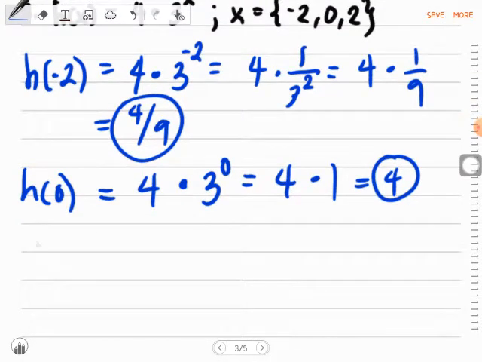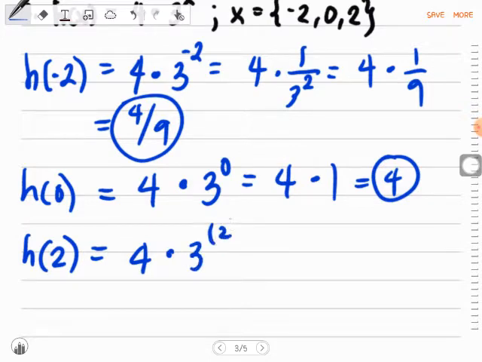And finally, we have h, x equals 2. So h of 2. So we have 4 times 3 raised to 2. And that is 4 times 9, since 3 squared is 9. And 4 times 9 is 36.